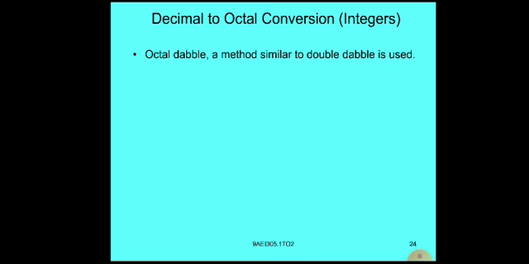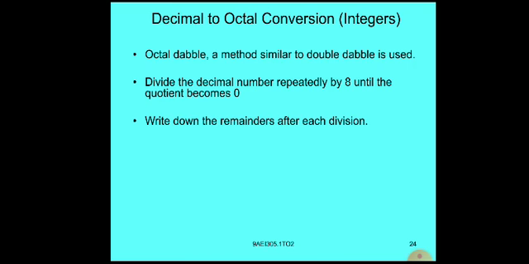So here the method name is octal-table method. That is a similar method, because the octal number is base 8. So you have to divide the decimal number with base 8, because we want conversion from decimal to octal. Octal is base 8.